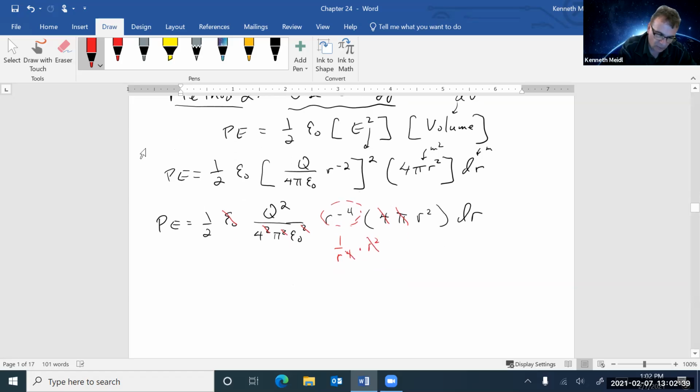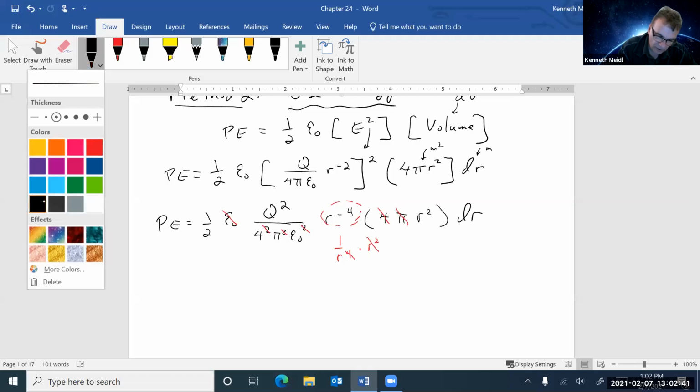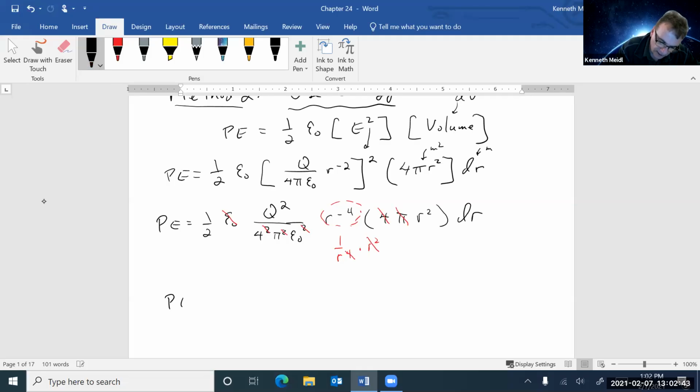So I think when all is said and done here, what you're looking at is a potential energy function that has a 1/2. We have a q squared. You have a 4, there's a pi, there's an epsilon 0. So there's a k there. And then I think this has gone away with a couple of those.